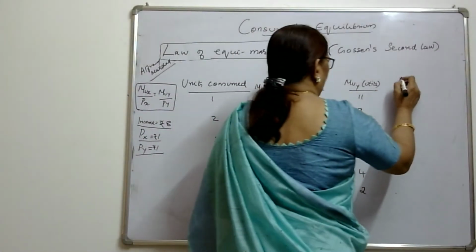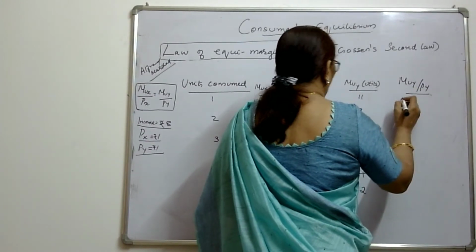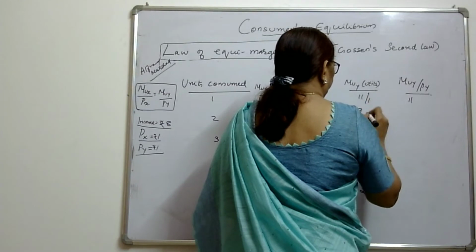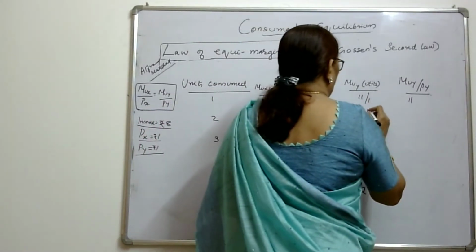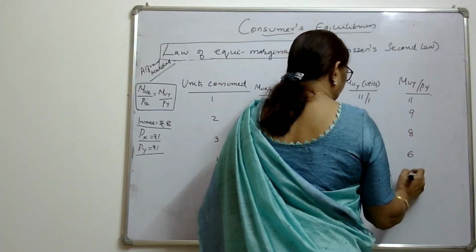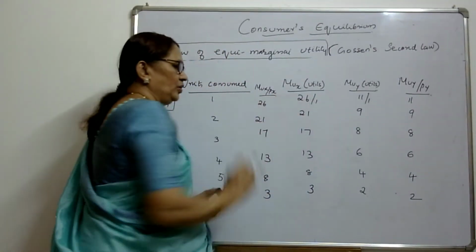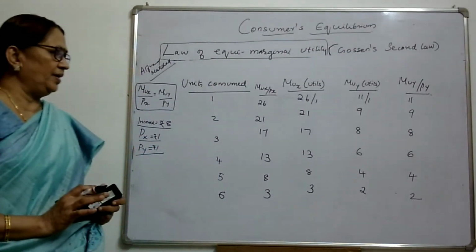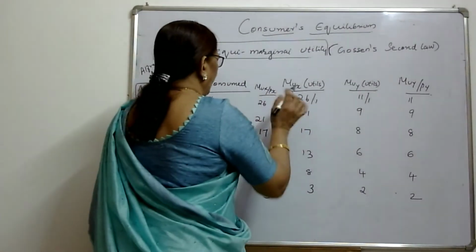So, how will we calculate MUy by Py? 11 by 1, 11; then 9 by 1, 9; 8 by 1, 8; 6 by 1, 6; then 4, 2. Okay, this is one example I have shown here, MUx by Px and MUy by Py. This way we have derived MUx by Px and MUy by Py.